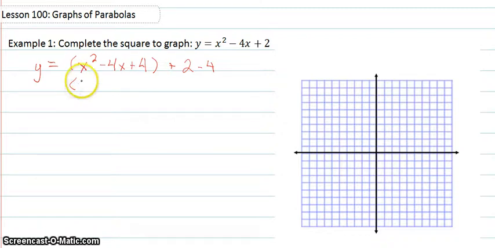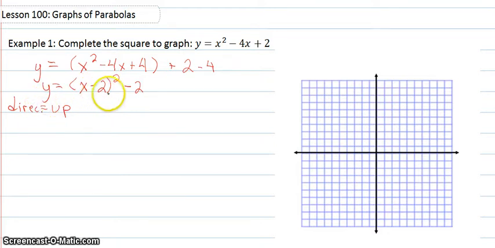Okay, then I can rewrite this as x minus 2 squared minus 2, because that was half of my middle number. So I've just changed the format here. Now this has just a positive 1 in front, so that means it's going to go up. And I'll write that as the direction.